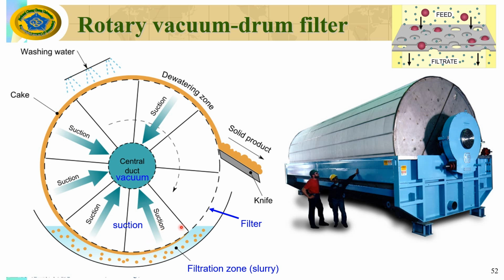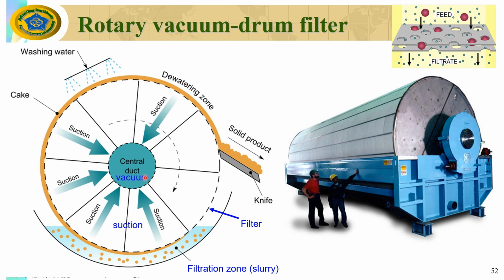So, and then you generate cake here. You generate cake. As you can see, this one will be sucked into here and then blocked in the filter. So water will penetrate to this filter and go to this duct.